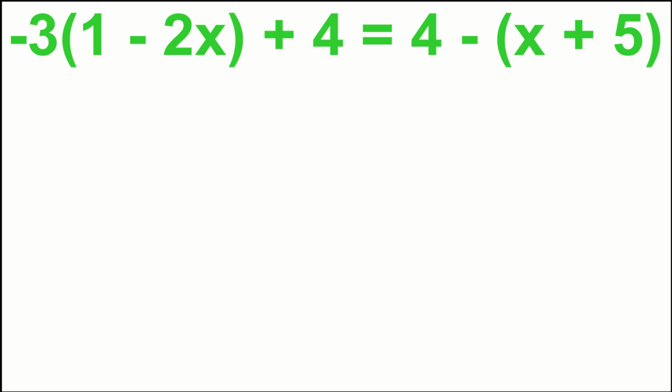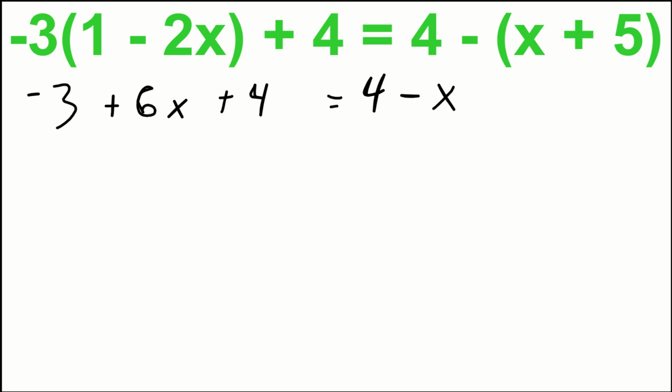All right, so this one does end up as a slight problem because y'all that keep doing these as decimals, you're going to get a decimal that keeps going. You're not getting a terminating decimal. So this is going to be easier to leave as a fraction. We distribute, I got negative 3 plus 6x, and then plus 4 equals 4 minus x minus 5.